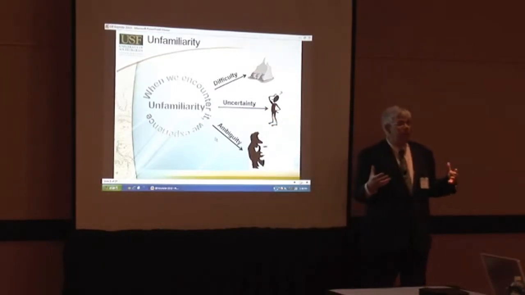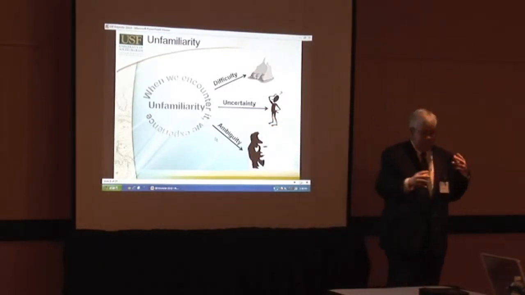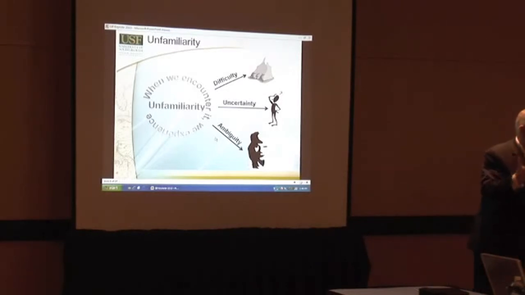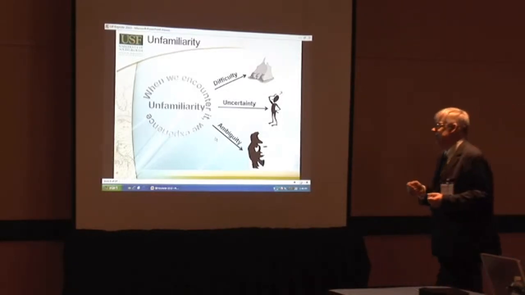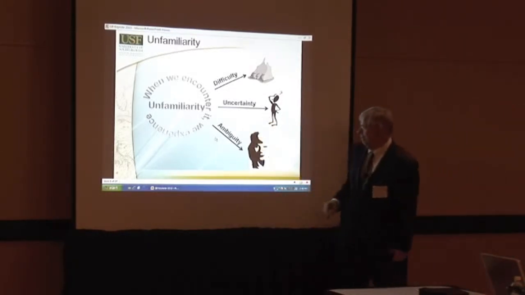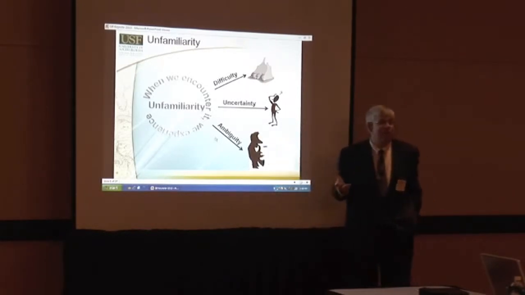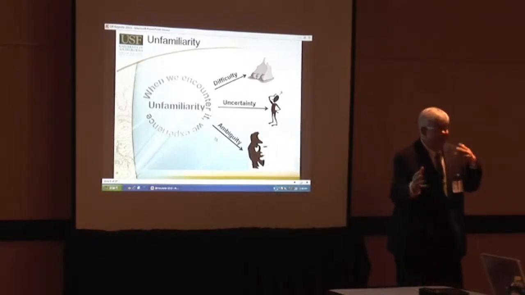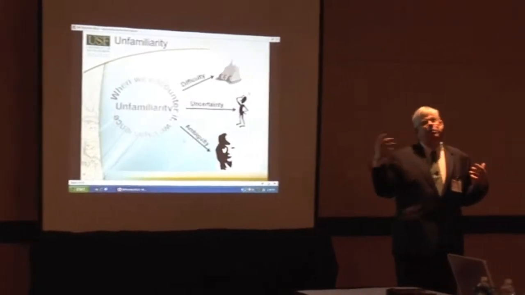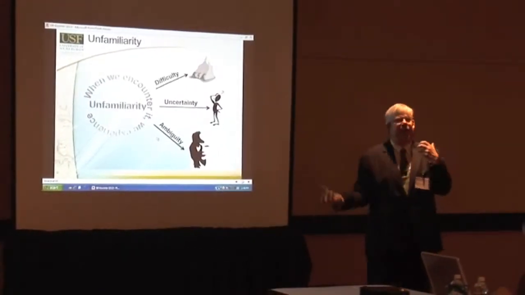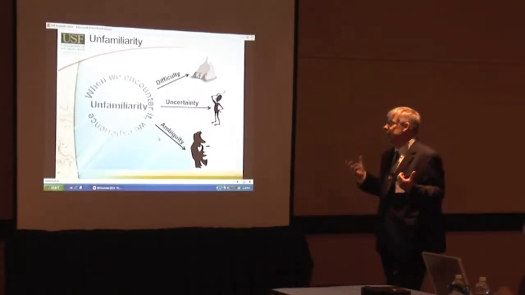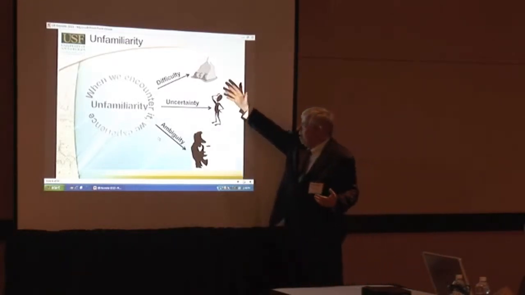Uncertainty: when a task seems uncertain, we treat that as being complex. Ambiguity seems complex because the rules seem different depending upon how we interpret something. Now, all of these are feelings.